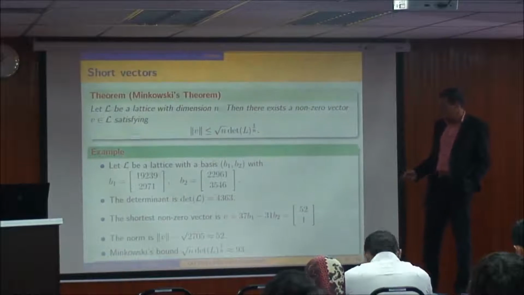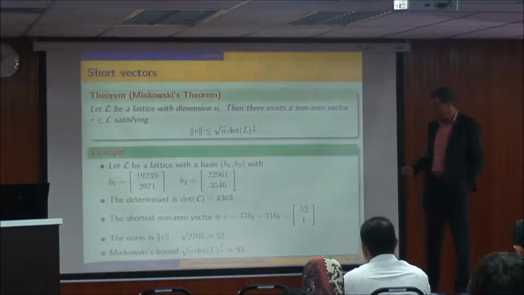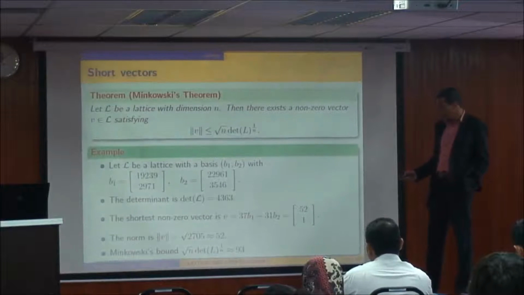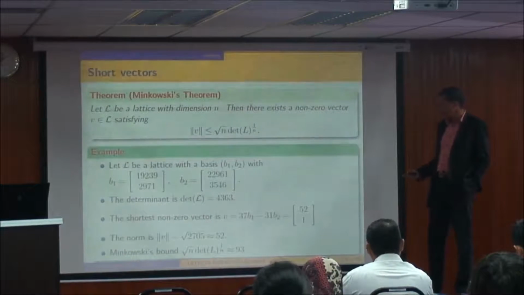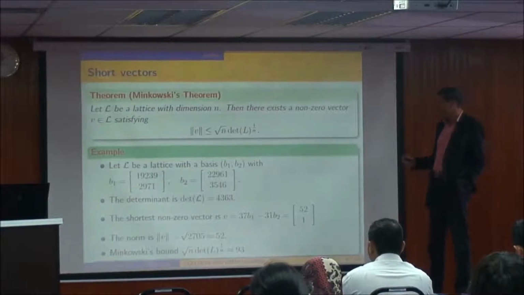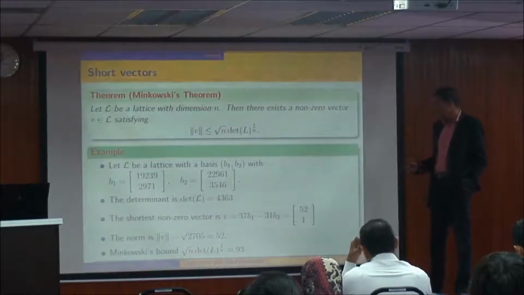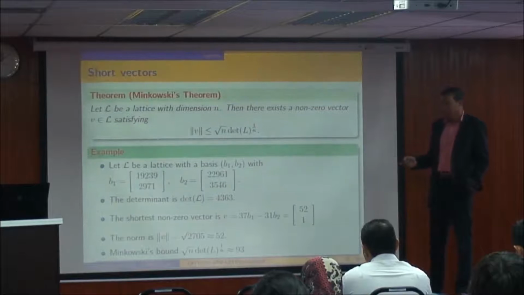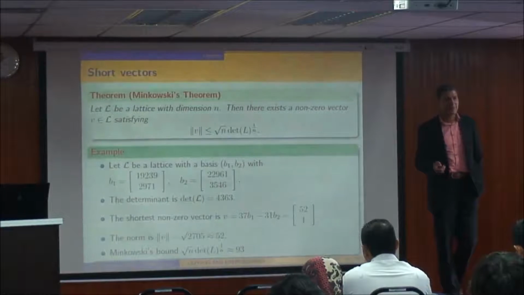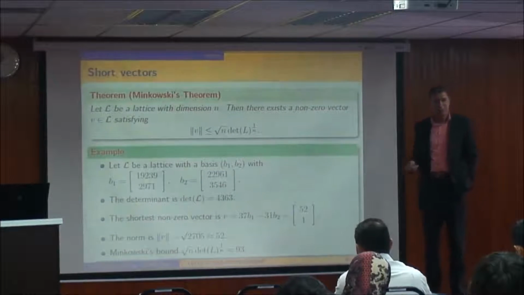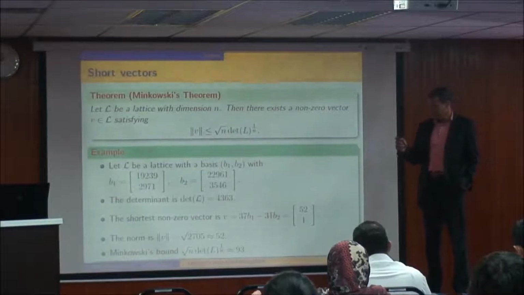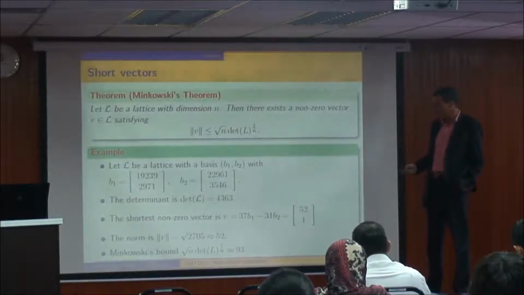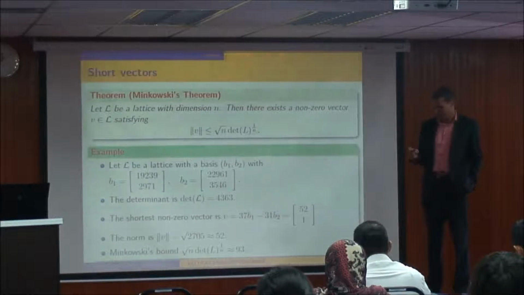So we can see here that we have the short vector, and this vector has norm less than Minkowski's bound. But here we are in dimension 2, and so it's easy to compute. In dimension larger than 30, for example, it's very difficult to find the shortest vector.